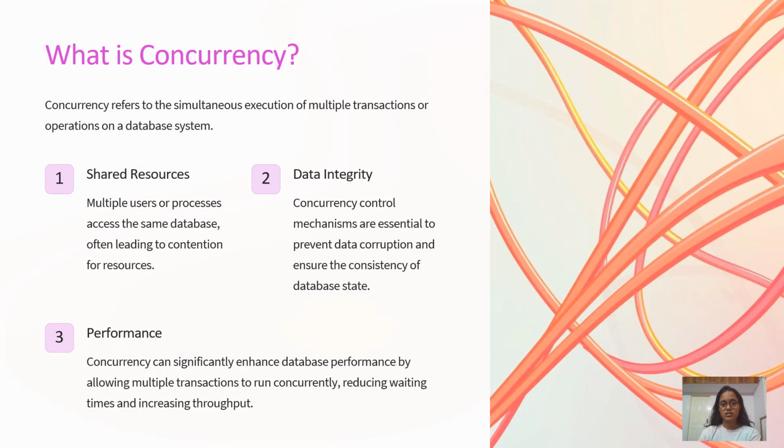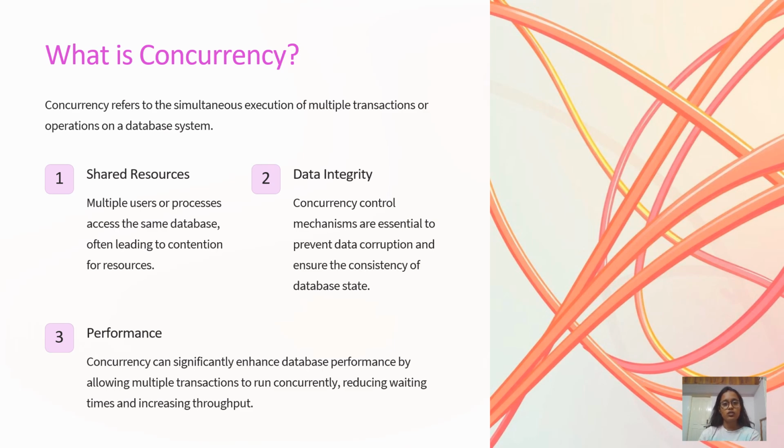So next, let us see what is concurrency. Concurrency refers to the simultaneous execution of multiple tasks or transactions within a system. In database systems, this involves multiple users or applications accessing, reading and writing the data concurrently. Concurrency will enable efficient resource usage and improved system throughput, as it allows tasks to progress without waiting for others to complete.